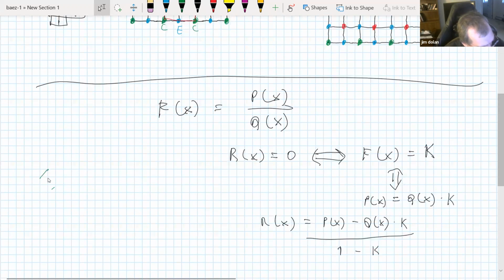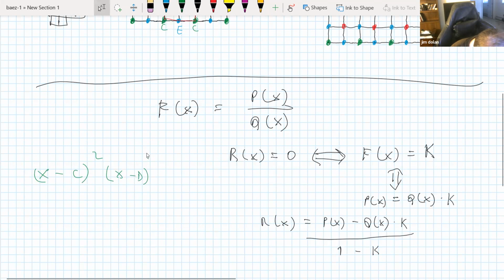So it would be X minus C to the squared, and X minus D to the 4th. So that's what the green K-rater looks like.